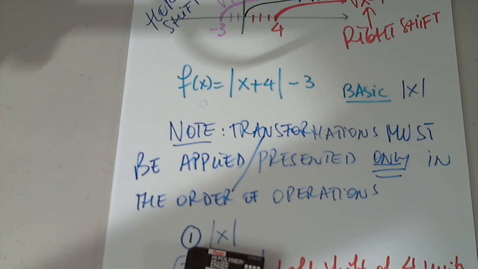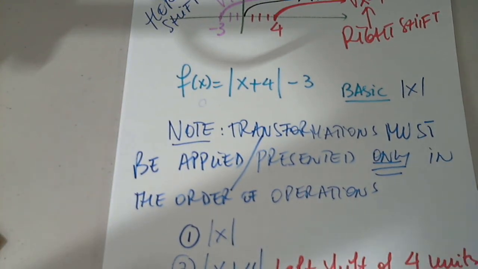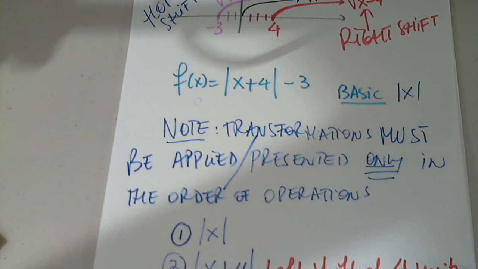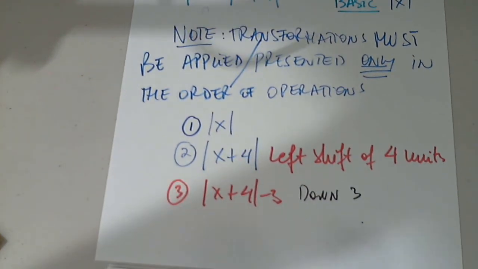What transformation is this? Is it a transformation on x or a transformation on y? Y. Very good. So this is down 3. Good. So now this was a combo. It had two transformations. First a left shift and another step, a down 3.